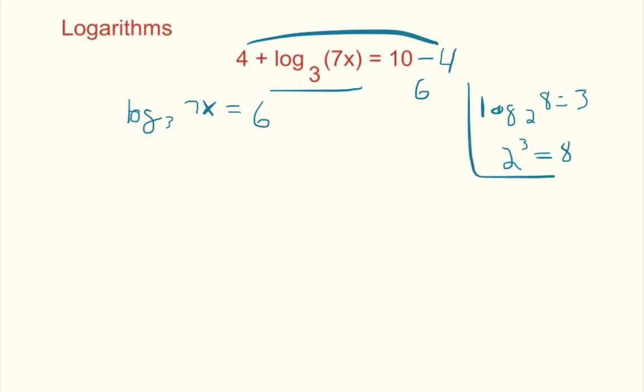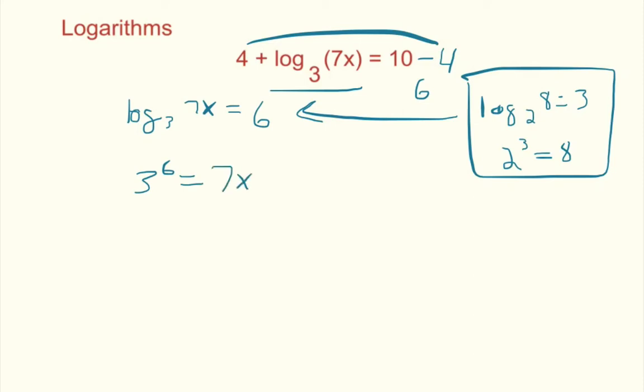So when we apply that same principle over here, what we get is 3 to the power of 6 equals 7x. All we had to do was convert the equation to an exponential equation, the same way we did right here.